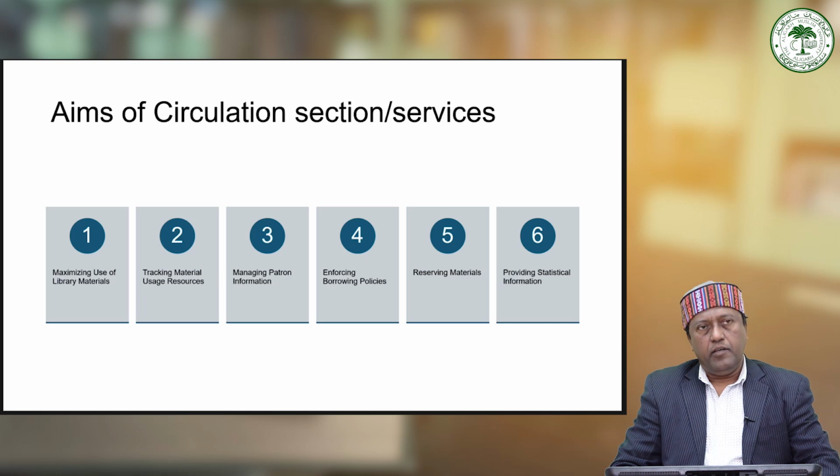The job of the circulation section is to somehow bring the user and the collection close to each other, and according to their liking, taste, and the courses they have opted, the user can pick up the documents of his or her choice, and again the user will be free to read whether he or she wants to read in the library, outside the library, at home, or at any place, whichever is convenient to the user.